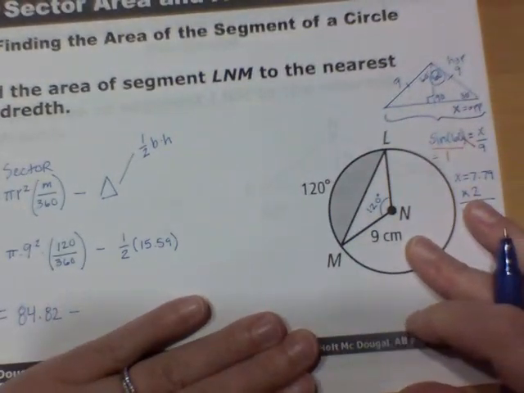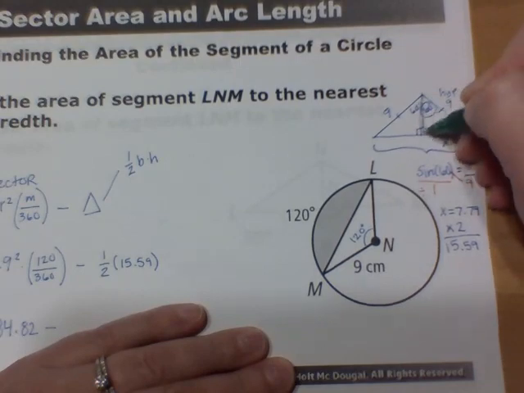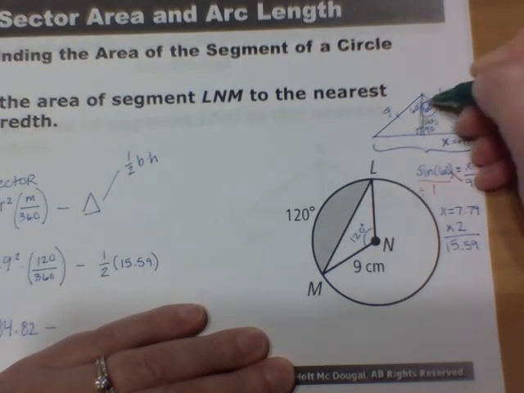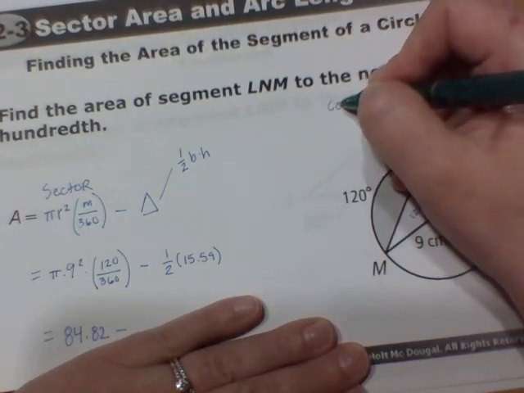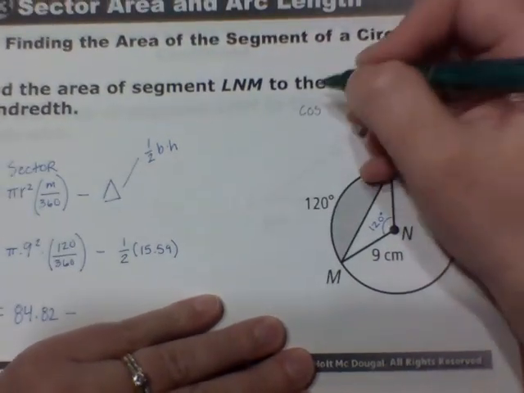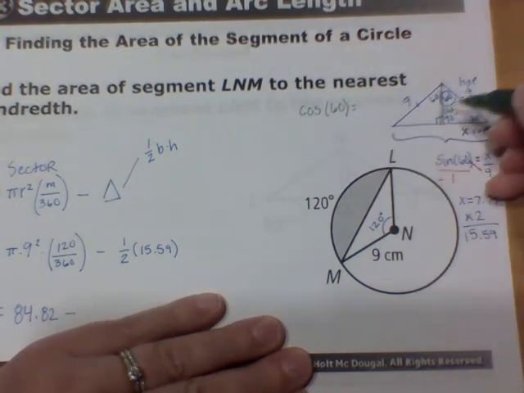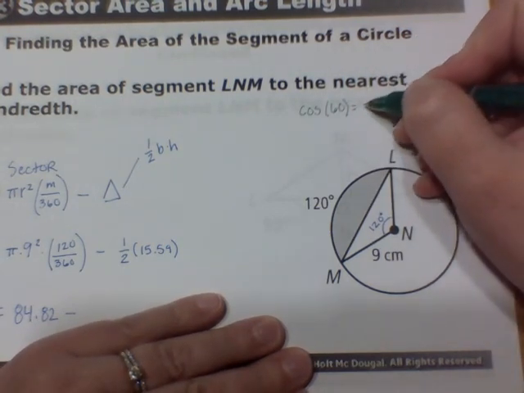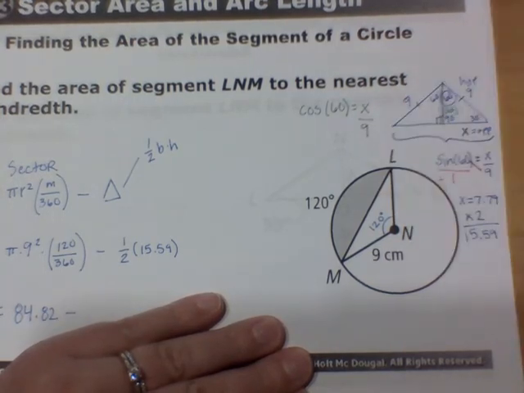And now we need to find the height. And so to get the height, which is the adjacent side, if we're using this 60, means that we are going to need to do cosine of 60, and the fact that it equals the adjacent, which we don't know, over the hypotenuse, which we do know.